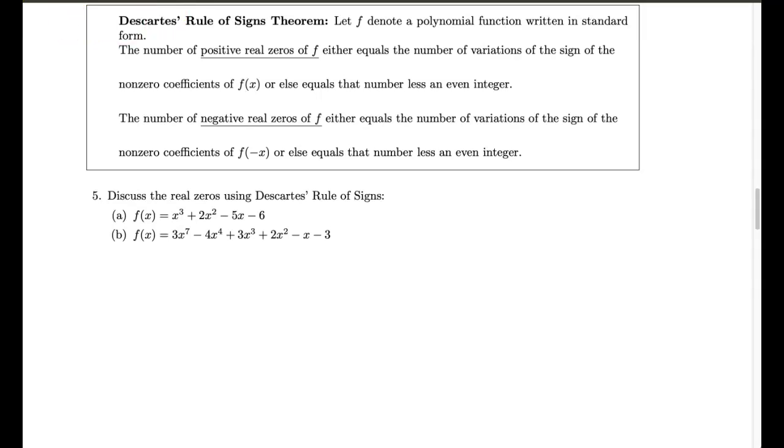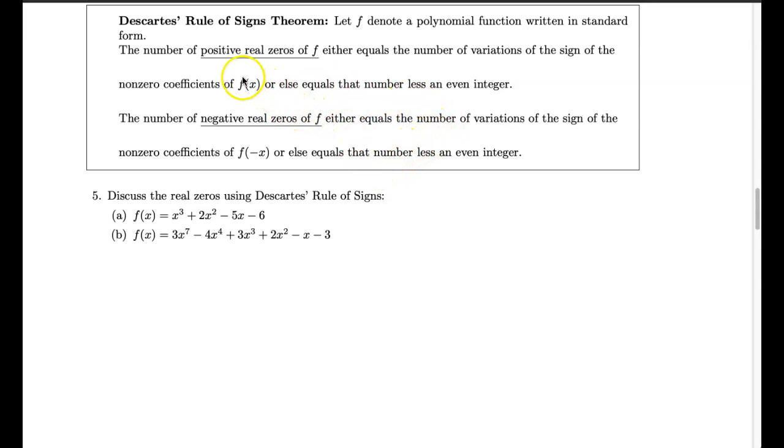For instance, these are both positive, so that's not a sign change. But then you have a positive 2 and a negative 5, and that changes signs. So when you have that sign change, you count those, and then that determines the possible number of zeros, or else that number less than an even integer.